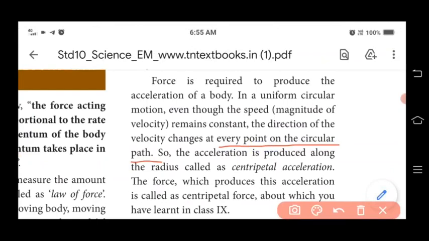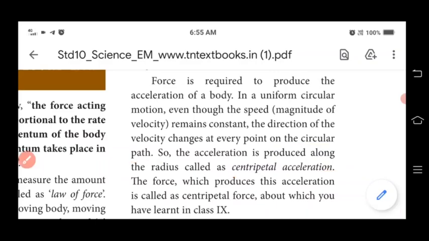So the acceleration is produced along the radius, called centripetal acceleration, and the force which produces this acceleration is called centripetal force. So this is an important 2-mark question. What is meant by centripetal acceleration or centripetal force, about which you learned in the earlier class, 9th standard.